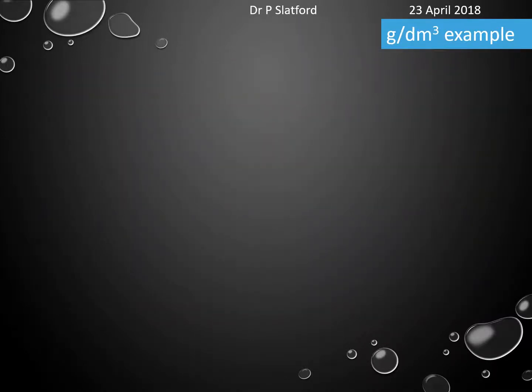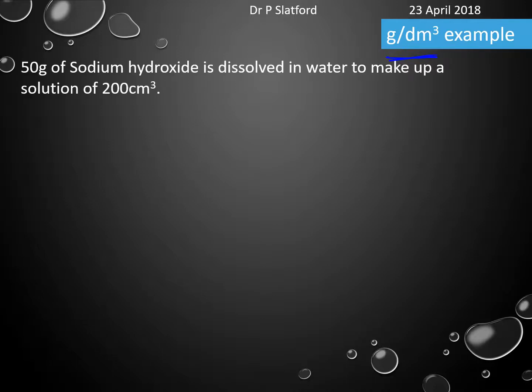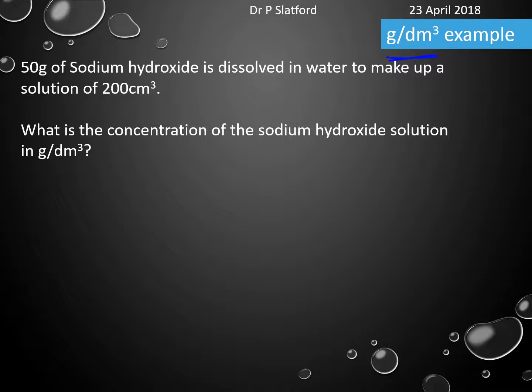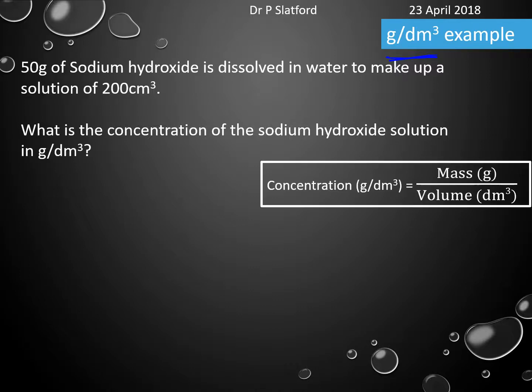Okay, so an example here using grams per dm cubed. If I take 50 grams of sodium hydroxide and I dissolve it in 200 cubic centimeters of water, what is my concentration in grams per dm cubed?